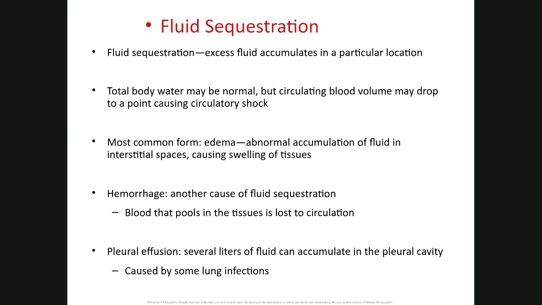Hemorrhage or bleeding is another cause of fluid that is unaccounted for because it's outside of the blood vessels. Either it's a hemorrhage that is seen right away and can be acted upon, or it could be an internal hemorrhage, which is hard to detect or to see where it's coming from. Sometimes an individual who's passing out dark, tarry stools may actually be having mild to moderate bleeding in the intestinal area.